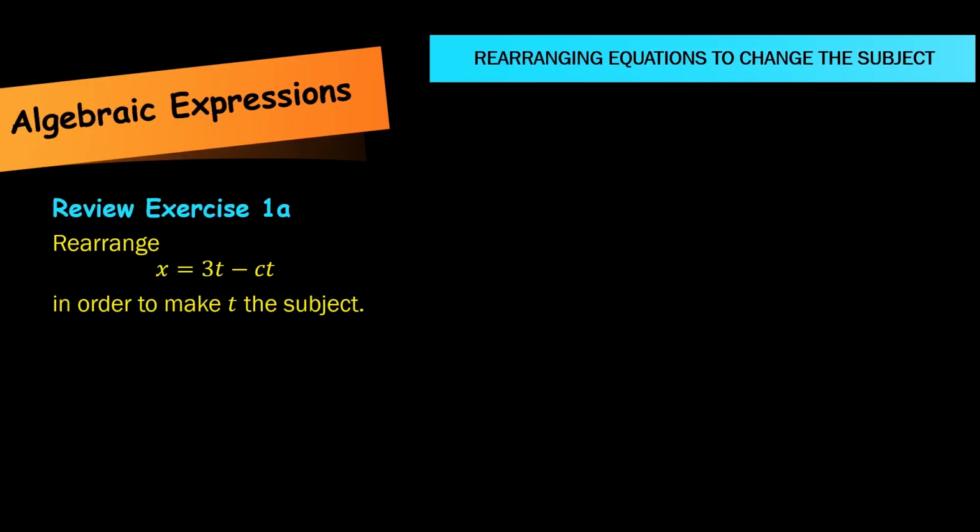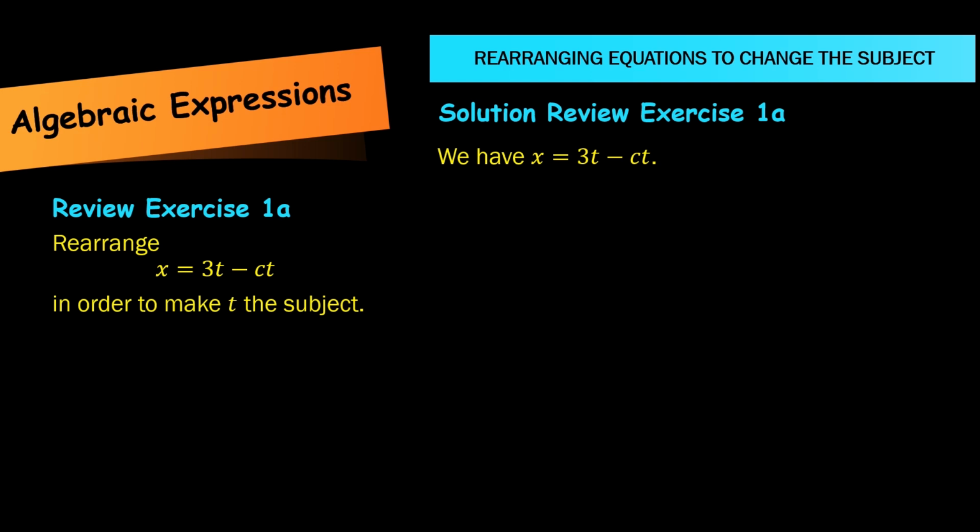In exercise 1 part A, we are asked to rearrange x equals 3t minus ct in order to make t the subject. So let's solve this. We have x equals 3t minus ct. If we factorize this, we obtain x equals t times (3 minus c).